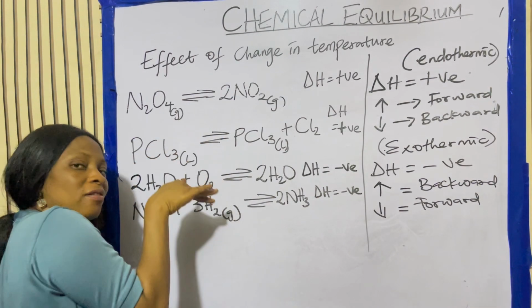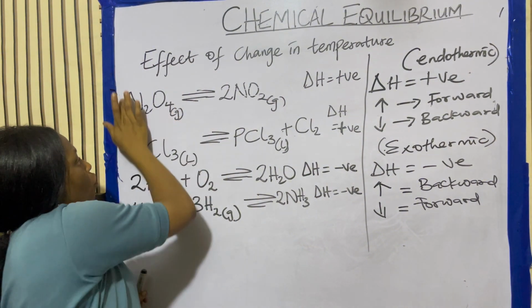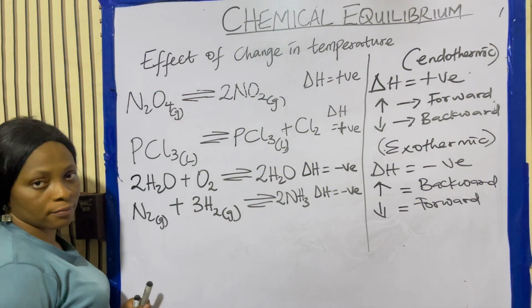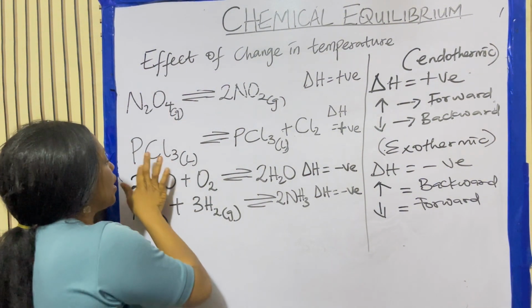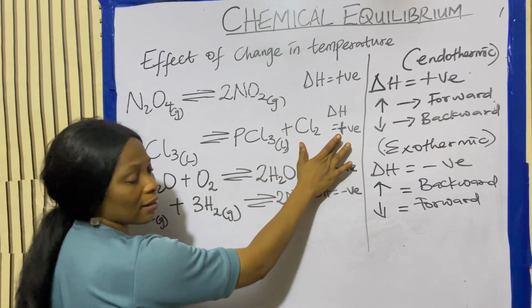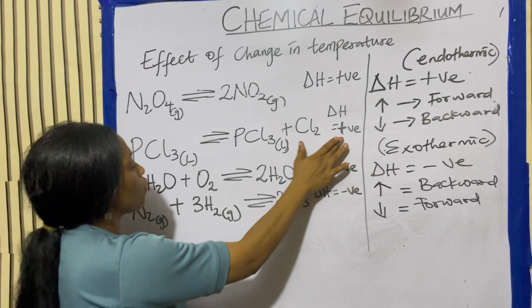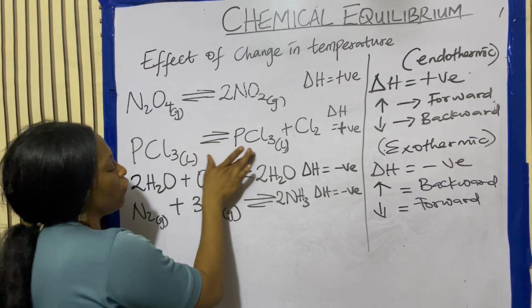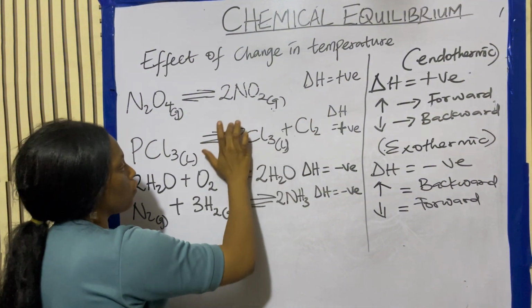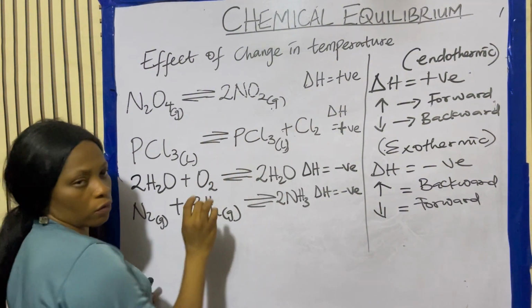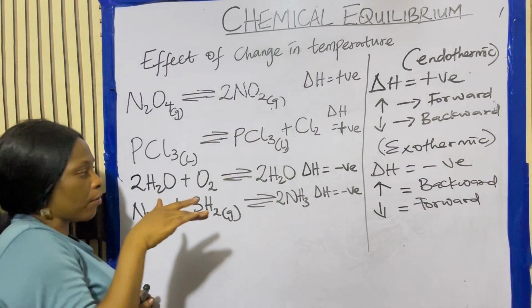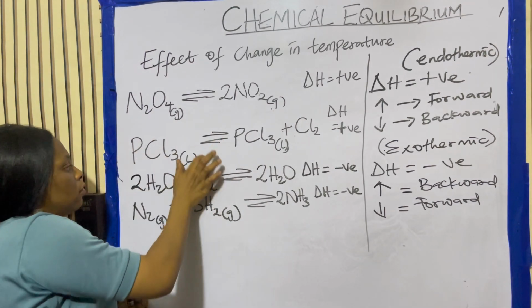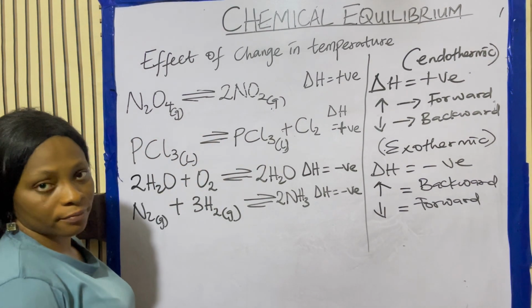But if you decrease it, it will lead to the formation of more of the reactants. Look at this. Increasing the temperature, look at the enthalpy change, positive. So increasing the temperature will favor the formation of the products. Then decreasing the temperature will lead to the formation of these reactants.